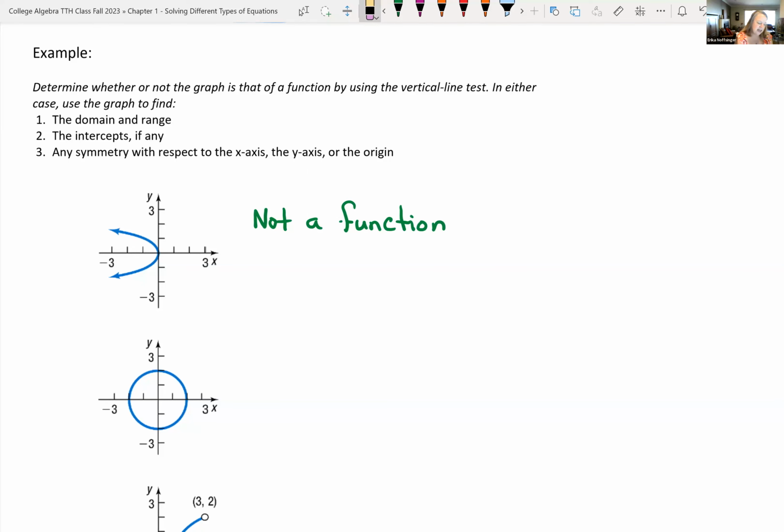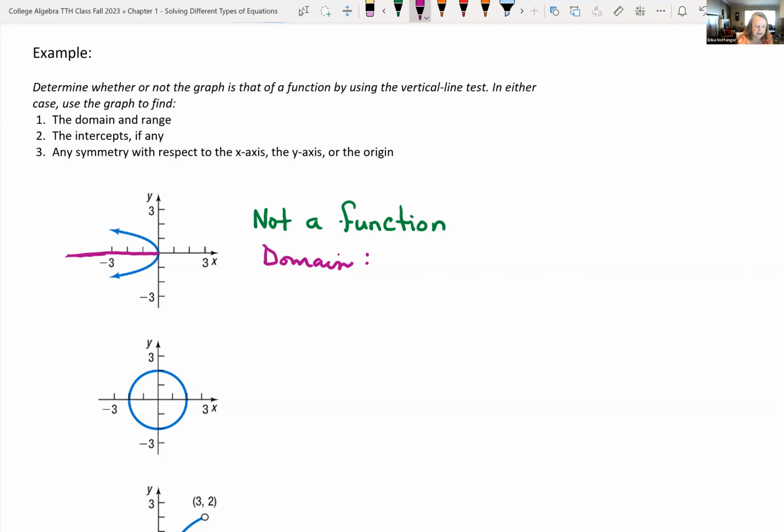And so looking at this, let's look at what is the domain. Recall, domain are all the x values that you're using. And if we look at the graph, notice that all the x values that we're using are coming in from negative infinity and stopping when we hit x equals 0.